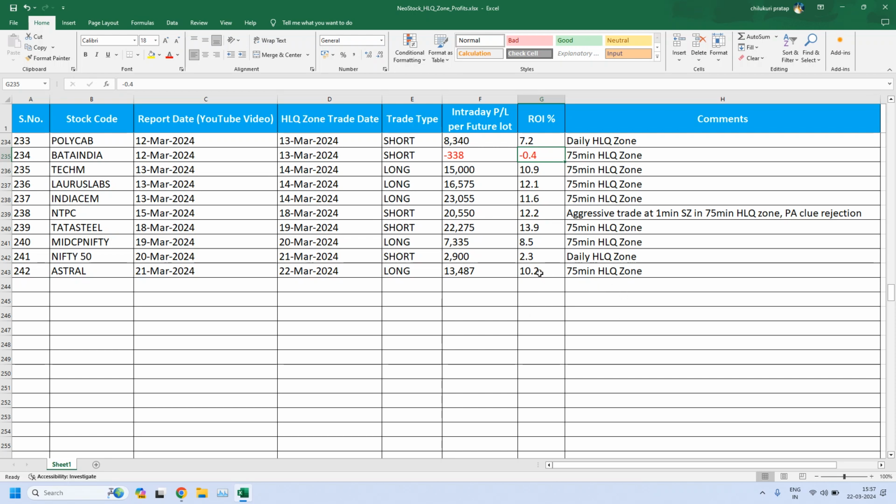So whoever took trades based on our high liquidity zones, you would have got much more profits. Let us assume this week, all these trades you have taken, you would have got 1,29,179 rupees profit, even after deducting this loss.